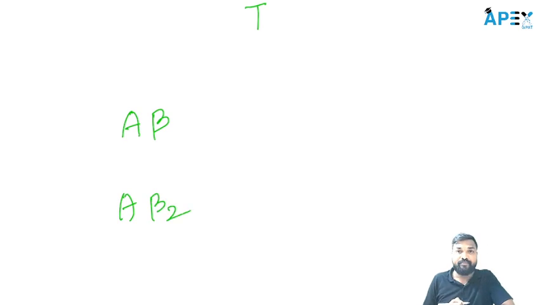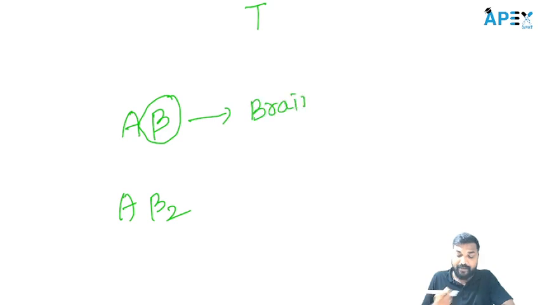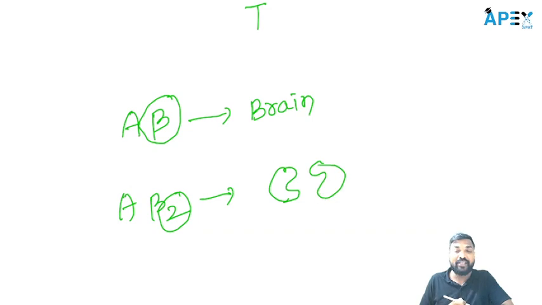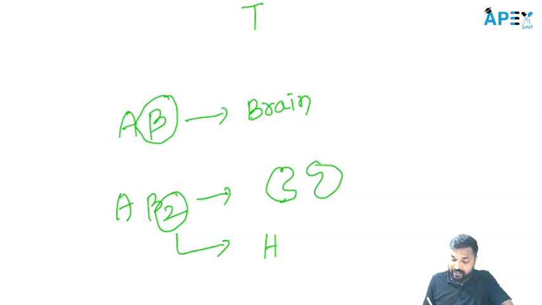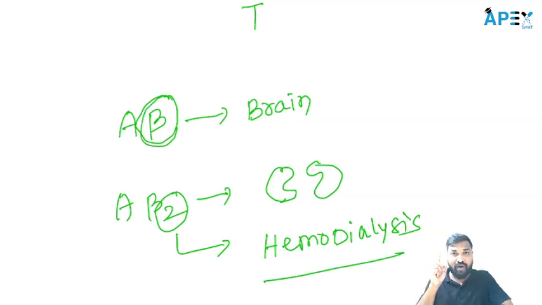Only A beta affects the brain. A beta 2 is associated with hemodialysis, like the two kidneys, while A beta is the brain.